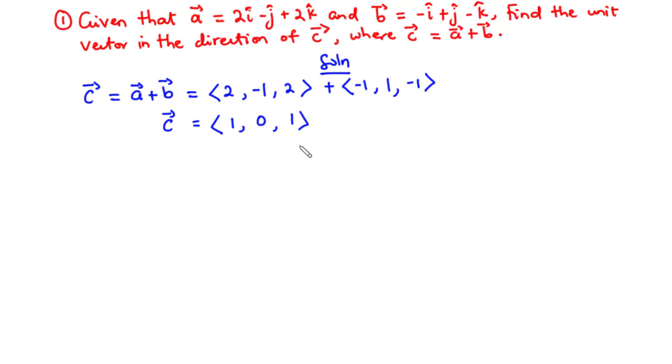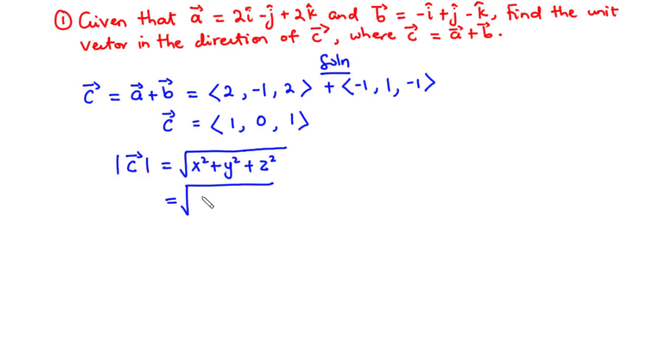Now let's find the magnitude of this vector. So the magnitude of vector C is given by the square root of the square of the x component plus the square of the y component plus the square of the z component. So now let's substitute the component values in place of x, y, and z.